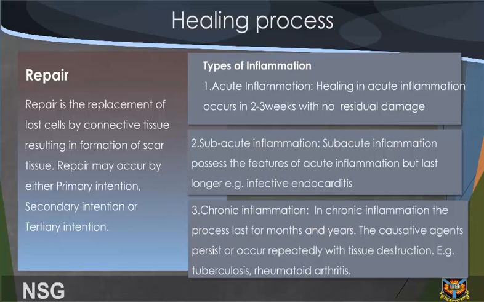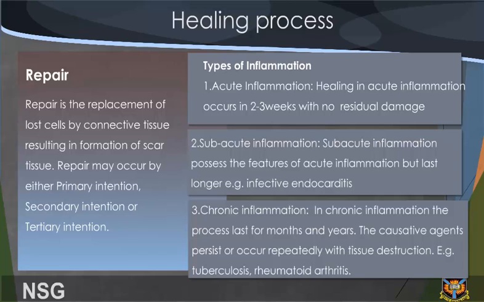Repair. Repair is the replacement of lost cells by connective tissue resulting in formation of scar tissue. Repair may occur by primary intention, secondary intention, or tertiary intention.